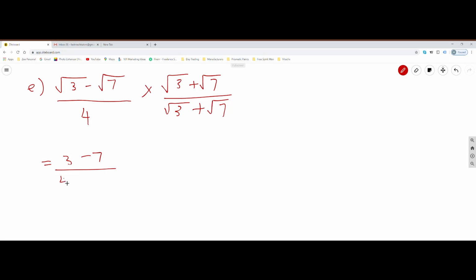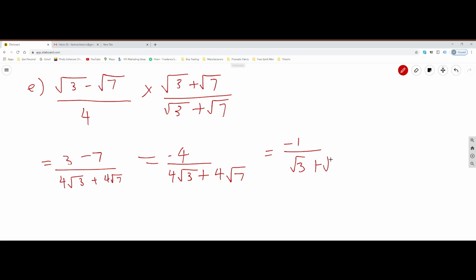And 4 square root 3. And 4 square root 7 equals negative 4. 4 square root 3 plus 4 square root 7. You can take out the 4, so you're left with negative 1 square root 3 plus square root 7.